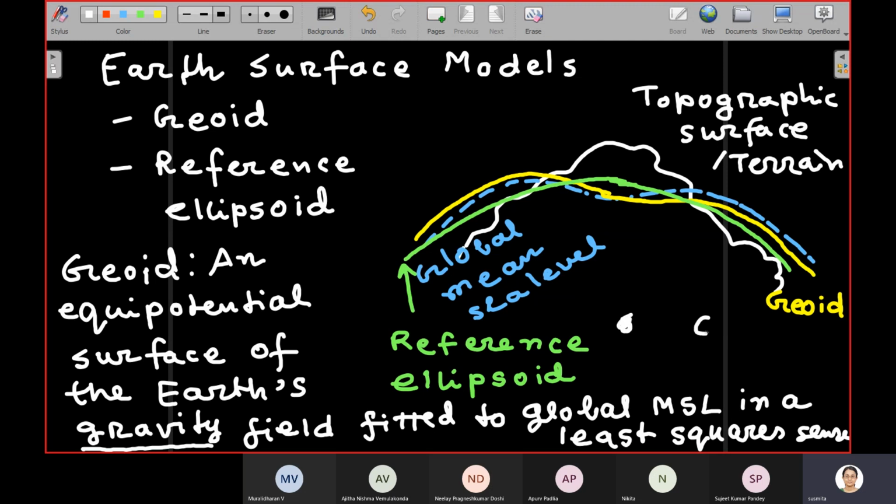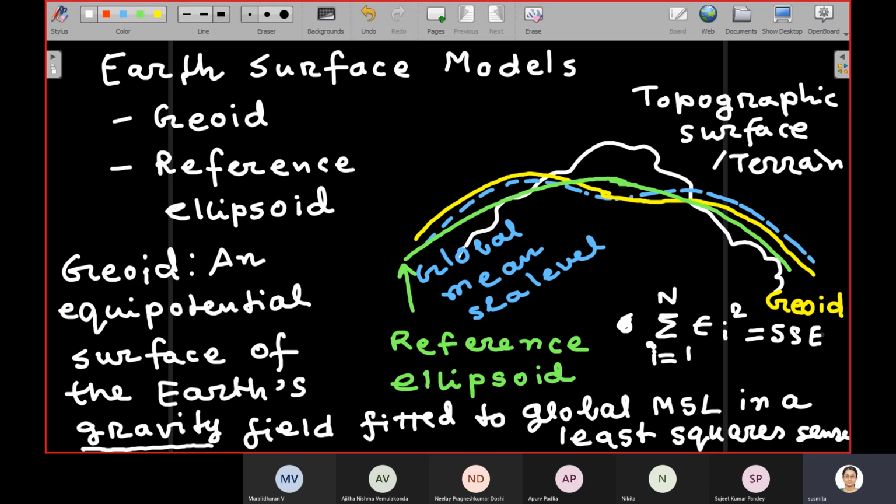So if epsilon is the difference at one point, then we square it and then sum all the squares. So this is called sum of square error. Least square fit means we find the equipotential surface in such a way that this sum of the squared error is minimized.